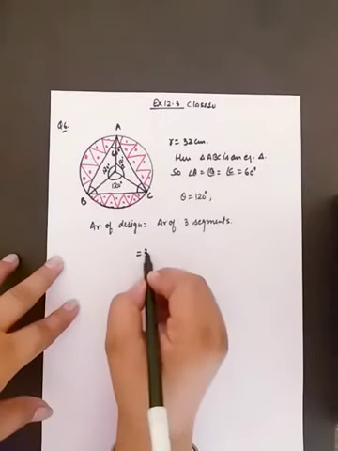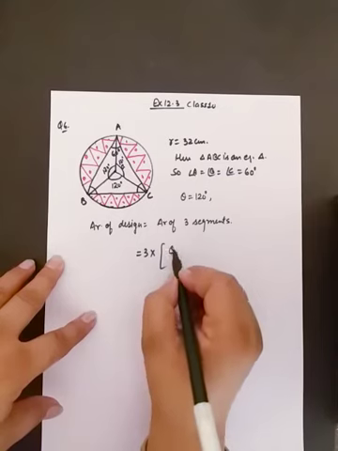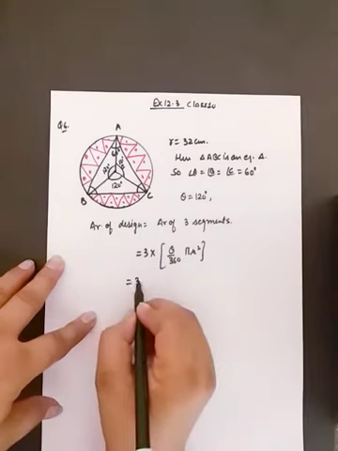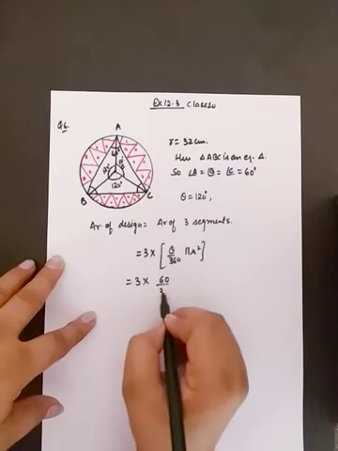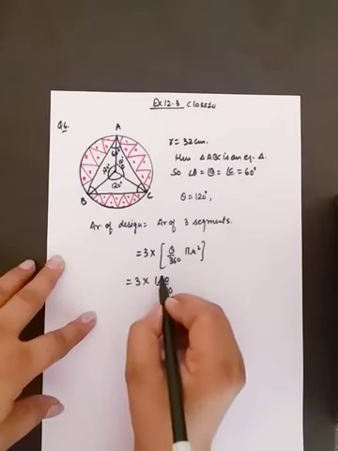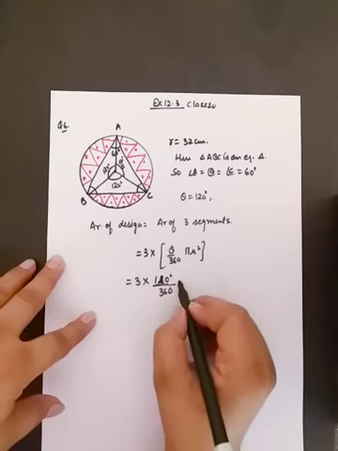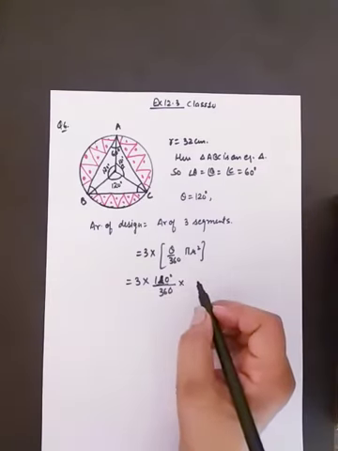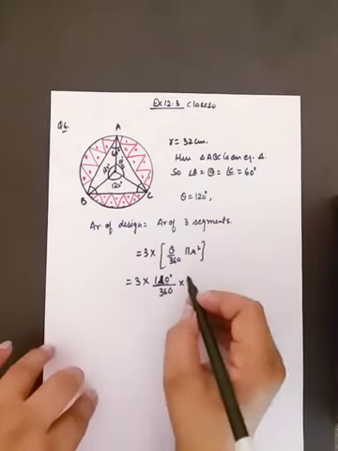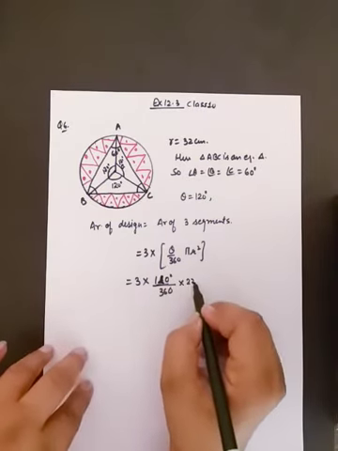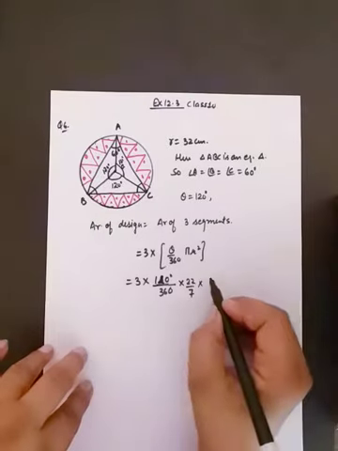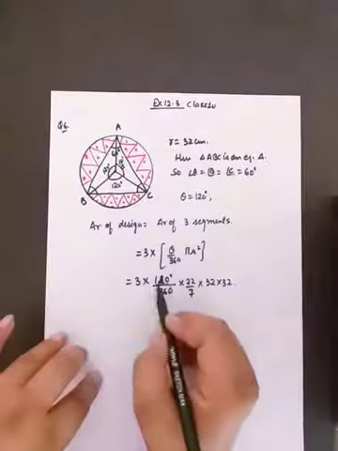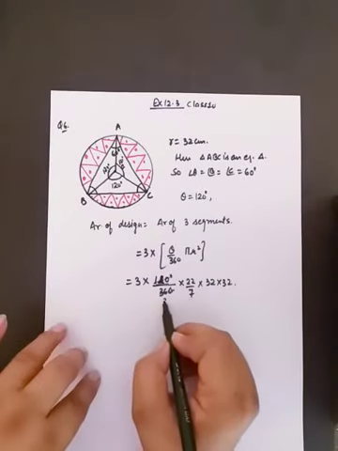So we can find 3 into theta upon 360 pi r square. 3 into 120 upon 360, because the central angle is 120, into 22 upon 7 multiplied by 32 into 32. So we can solve it to find the area.